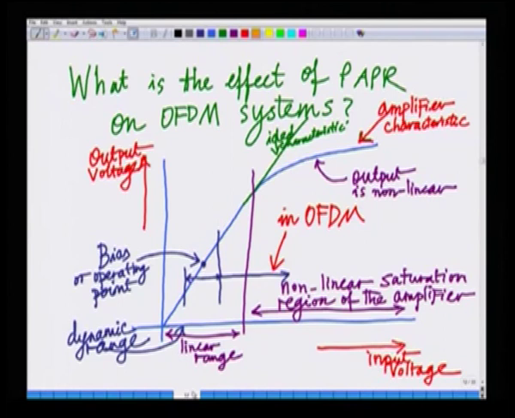Now, what is the ill effect of PAPR? We said PAPR causes distortion in an OFDM system, since every OFDM amplifier has a certain linear range which is biased about the mean. Now, if the peak value occasionally deviates significantly over the mean, then the amplifier crosses over into the saturation or the non-linear range, and its amplification is not linear anymore.